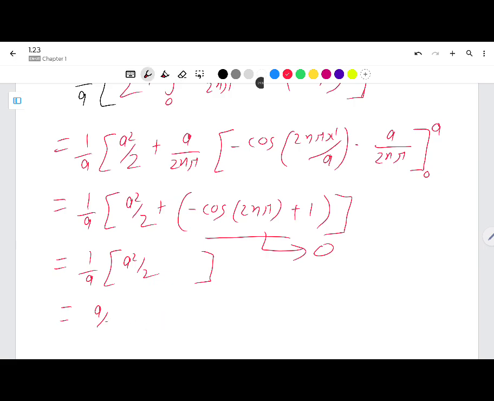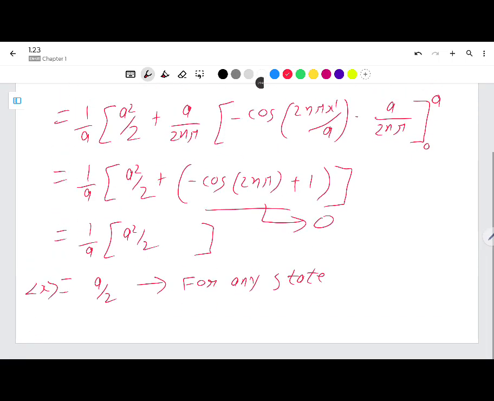So the average value of x for any state of a particle in a box is a by 2. Okay, fine.